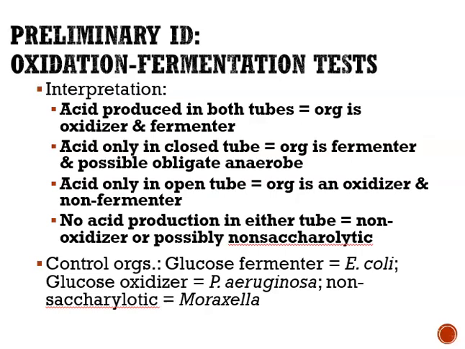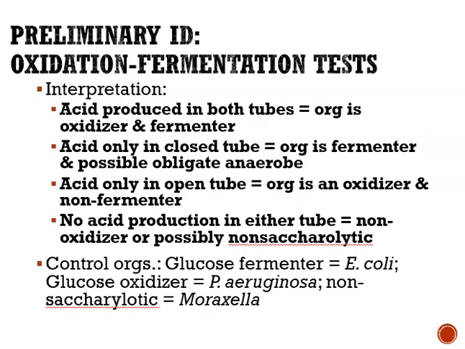A negative result means the environment has remained alkaline. So you might have growth. The organism may have been able to grow in the media, but there's no color change. And if there's no growth at all, the organism would be referred to as a non-utilizer. So the organism is not able to grow in the media at all.